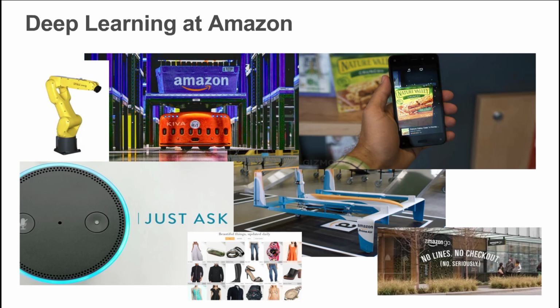Now, where do we see deep learning today, and where would we see it in the future? Deep learning is embedded into how we live today and how we are going into the future. So for example, if you use an Amazon product, the fulfillment centers are using deep learning to fulfill your orders.